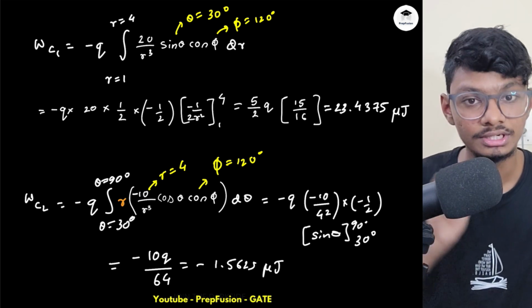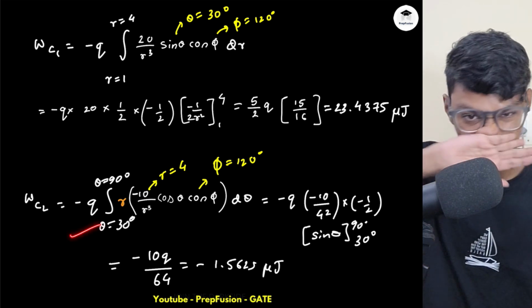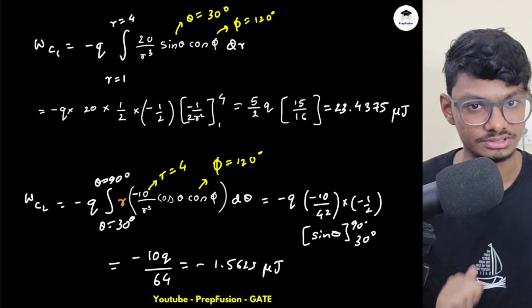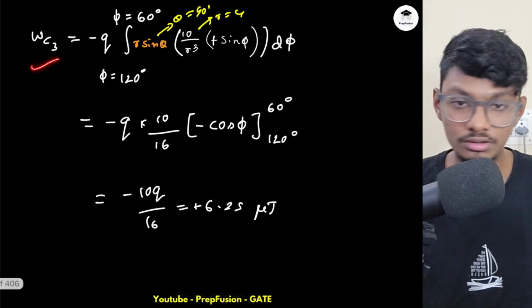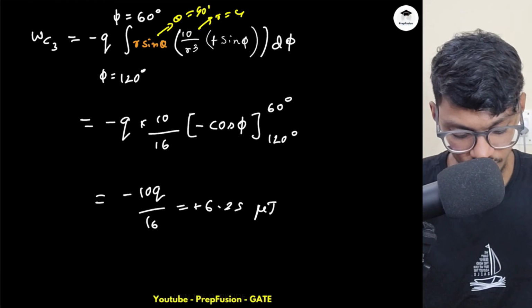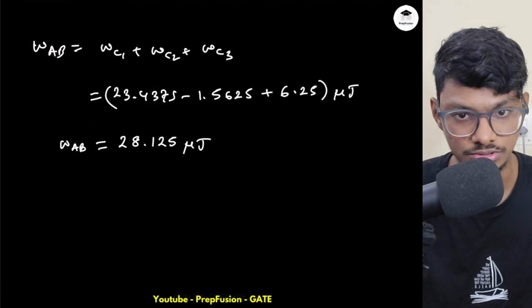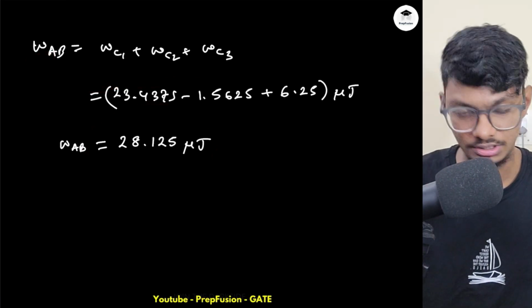This is a silly mistake many students make while computing integration in other coordinate systems like spherical and cylindrical. Same for C3, and you add all three up and you get 28.125 microjoules. You just put in the values and you get that value.